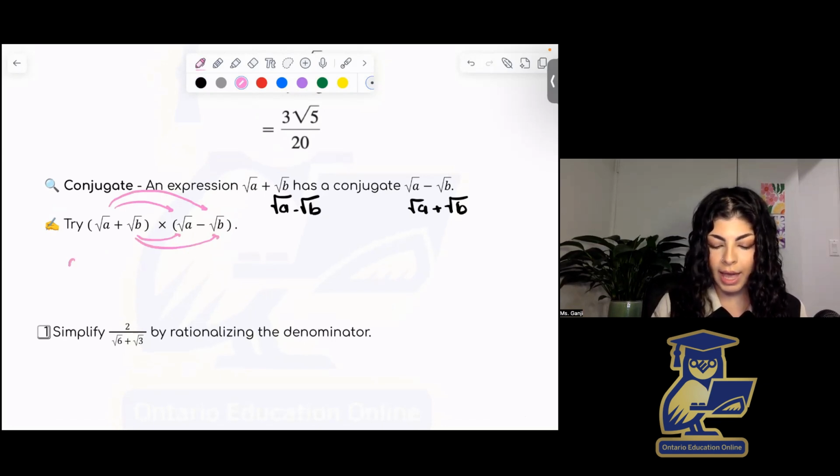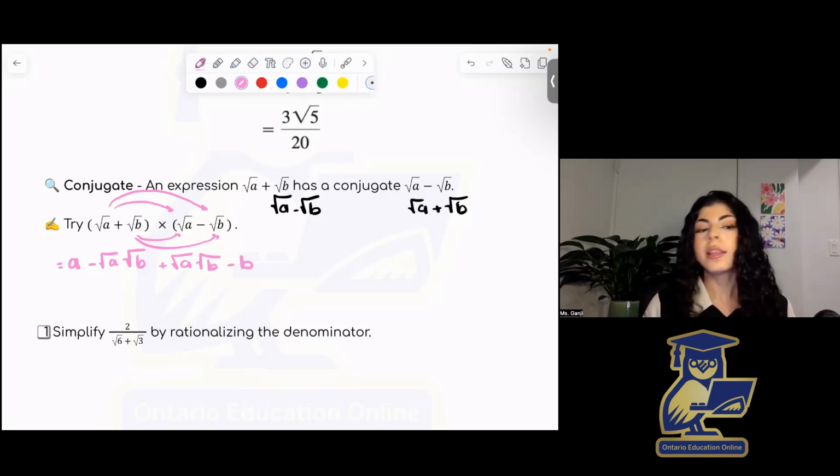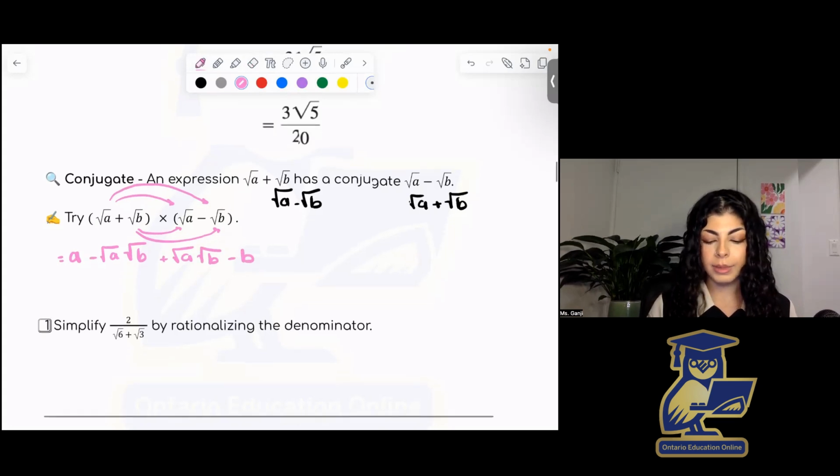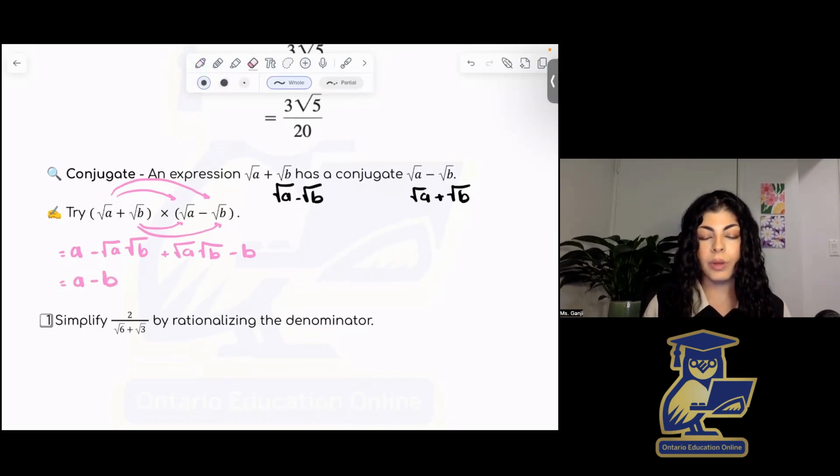You'll see that you get A plus square root of AB minus square root of AB, and the middle two terms are going to simplify out. And so all we're left with is A minus B. We've actually been able to find a simpler expression that doesn't use those radicals.